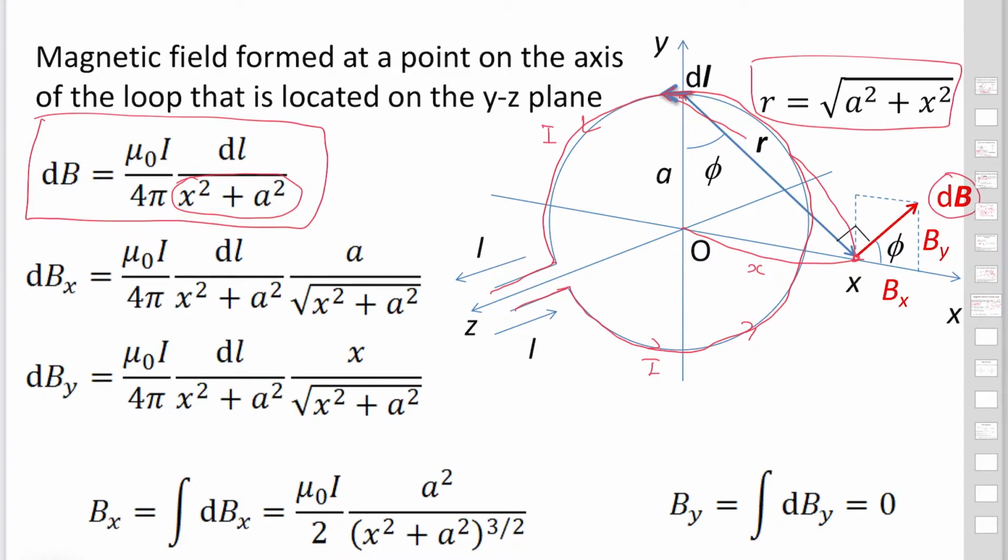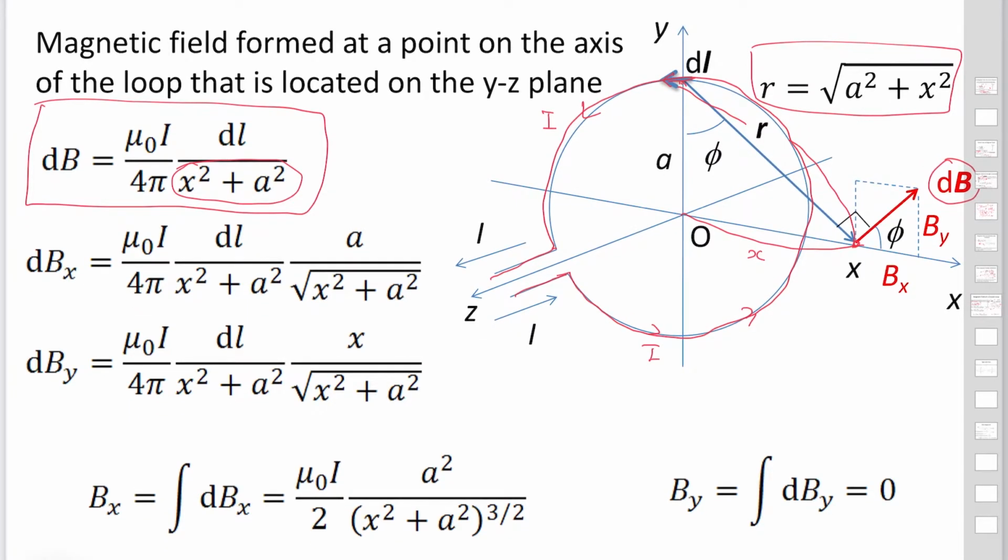And then we would like to find the x component of dB, dBx, and the y component, dBy. To find the x component, you need to multiply by cosine phi. If you consider this triangle, cosine phi can be calculated very easily.